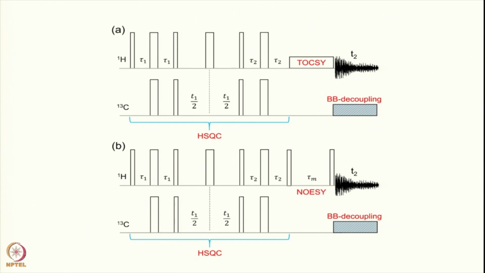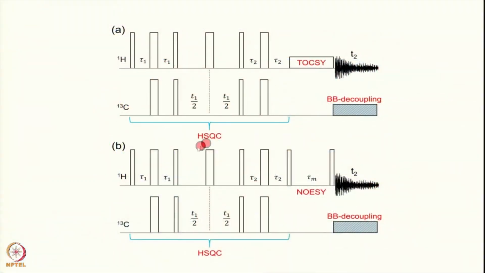It identified the amide proton chemical shifts and the N15 chemical shifts, but the amino acids have other protons as well along the side chains and along the backbone, the alpha protons, the beta protons, the gamma protons and things like that. So you should be able to identify those, and also if you are going into the structural part, then you must be able to identify which protons are close by, and this is what is done by these particular kinds of experiments where you have this HSQC part, which we had discussed earlier.